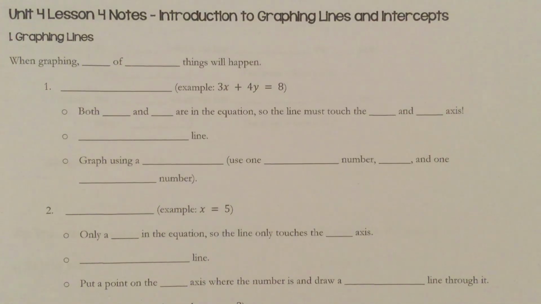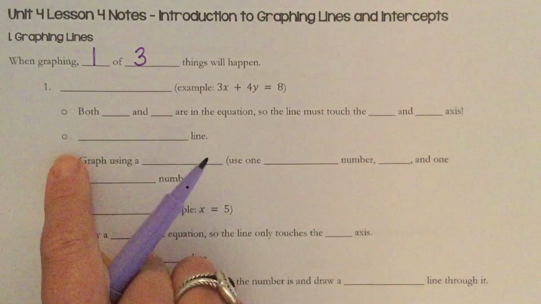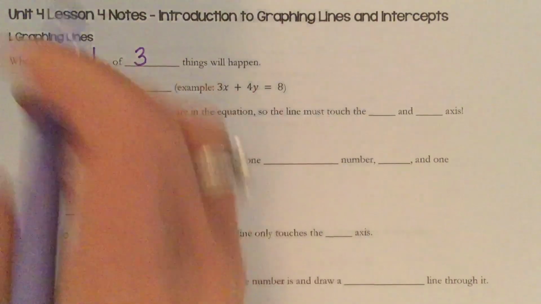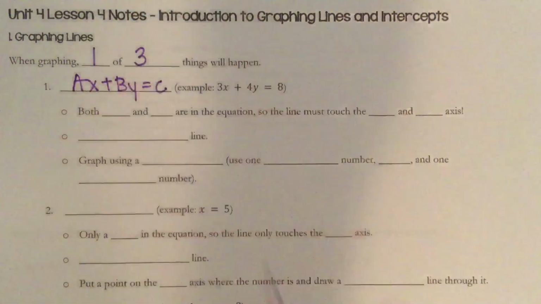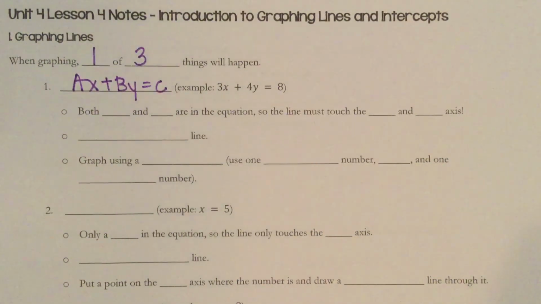When we go to graph, remember this is a straight line, one of three things is going to happen. The first option is that our equation will fit the general form ax plus by equals c. And we'll learn next unit that that is standard form of a linear equation.